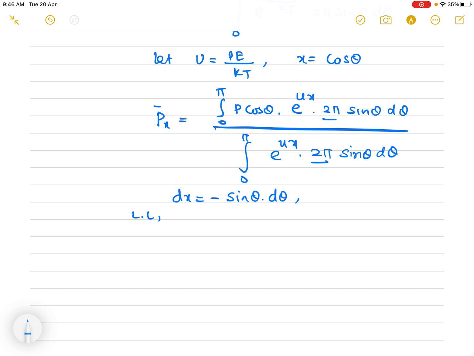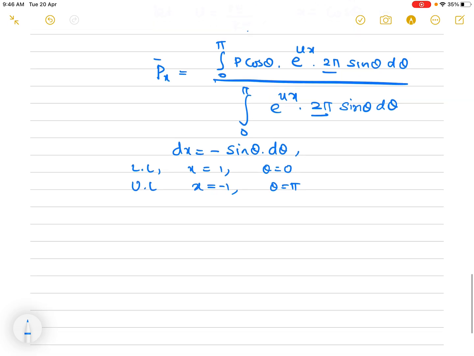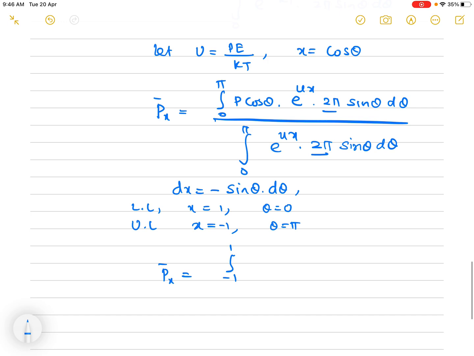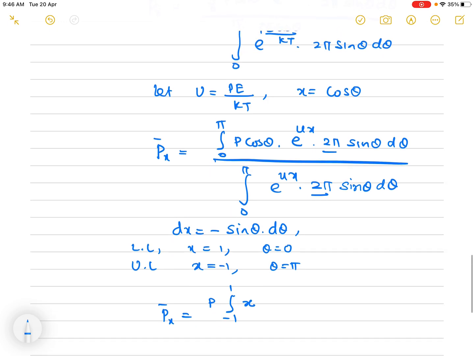So the limits are minus 1 to 1, and then we have p here, you can pull it out, and cos theta is nothing but x, and sine theta d theta is minus dx, and then e power ux.